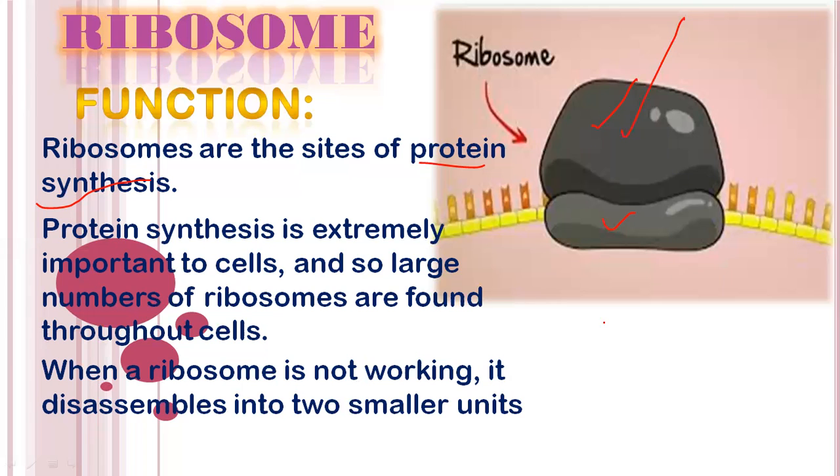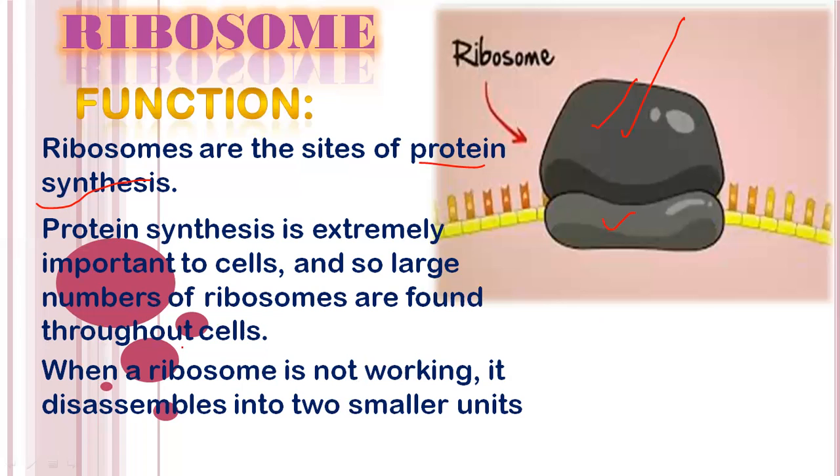So we'll talk about it in the next few slides. Okay, so protein synthesis is extremely important to cells, and so a large number of ribosomes are found throughout the cells. There are lots of ribosomes freely floating, as well as attached on the rough endoplasmic reticulum.